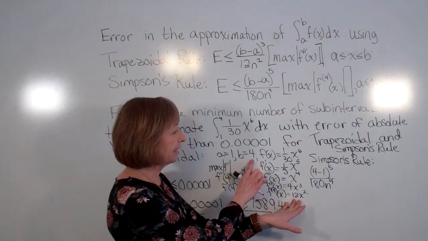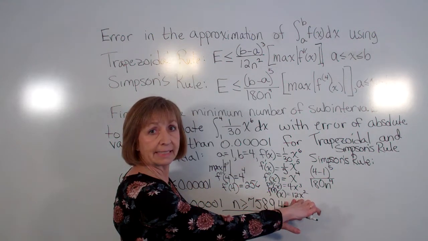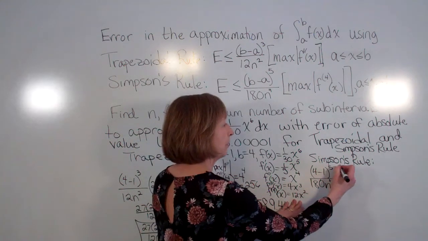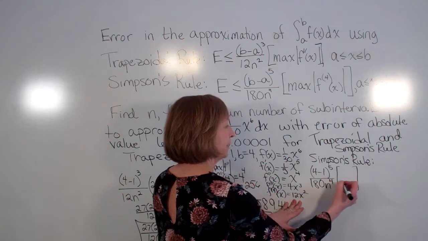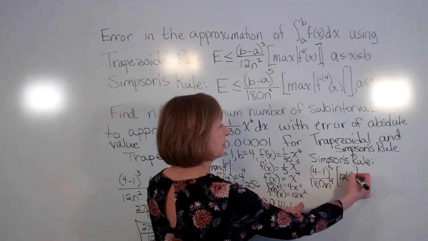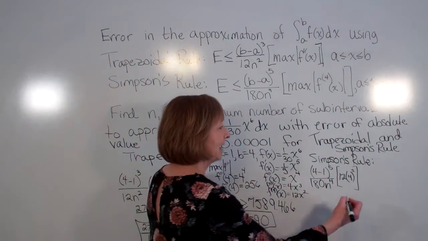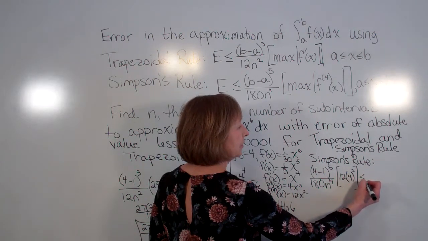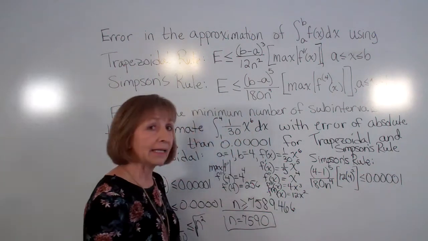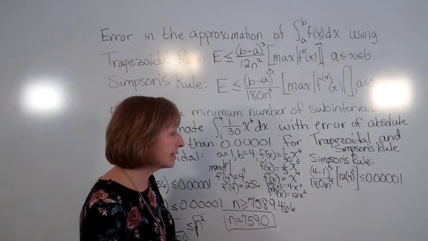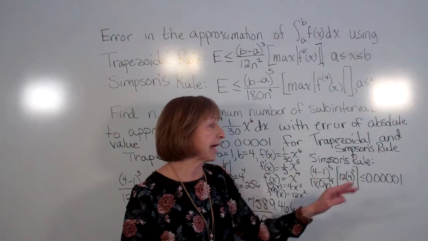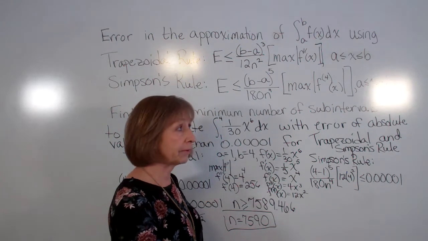So evaluating this at 4 squared is 16, and then 12 times 16 is what we have in that maximum value. I'll just do the 12 times 4 squared so you can see where the numbers are. And then that has to be less than or equal to 0.00001. Now, doing the same solving process, we multiply both sides by n to the 4th and divide both sides by 0.00001.